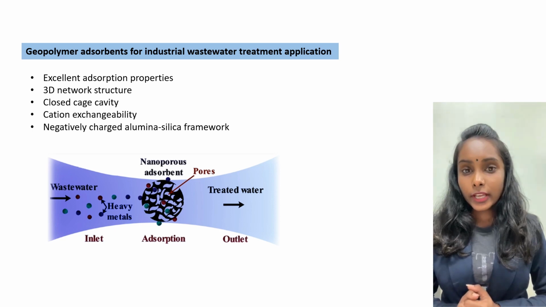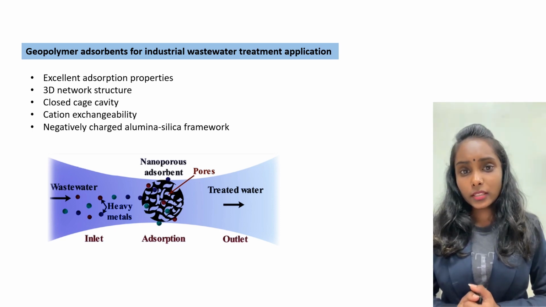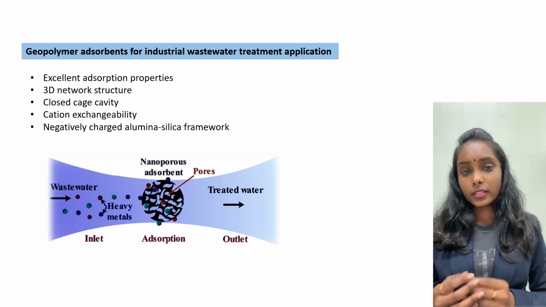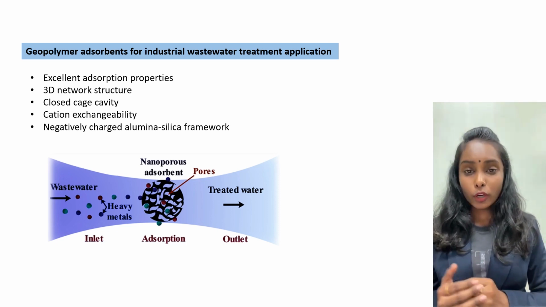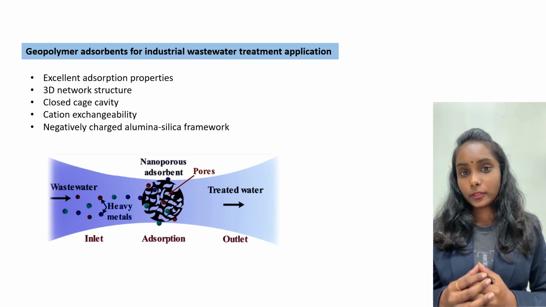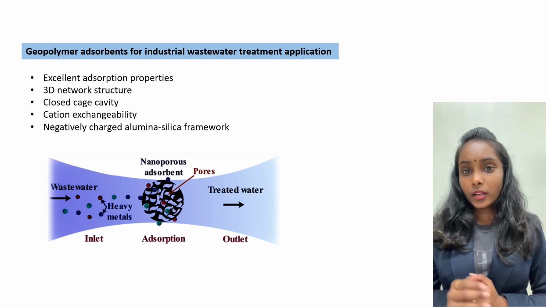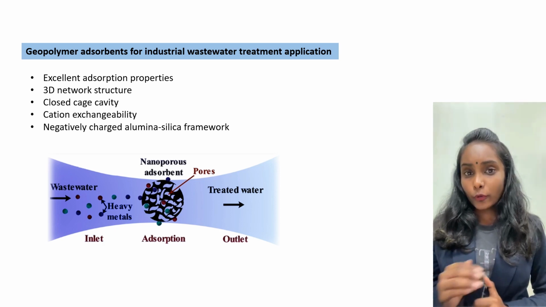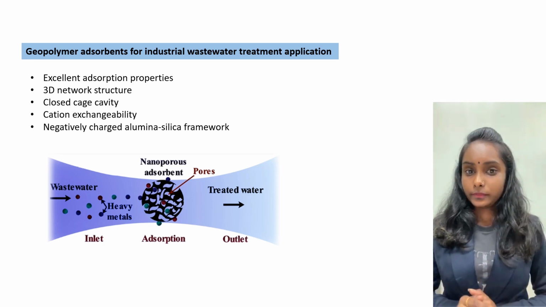The figure attached on this slide shows how the adsorption process with geopolymer adsorbents happens throughout the process. Wastewater that contains heavy metal, treated with geopolymer adsorbent, can produce clean water.